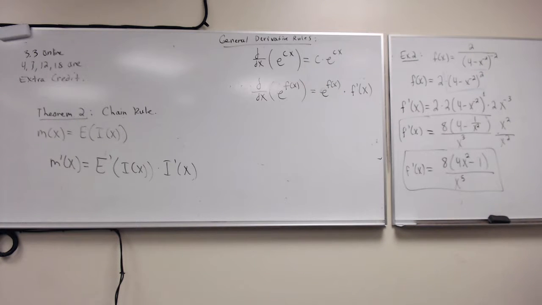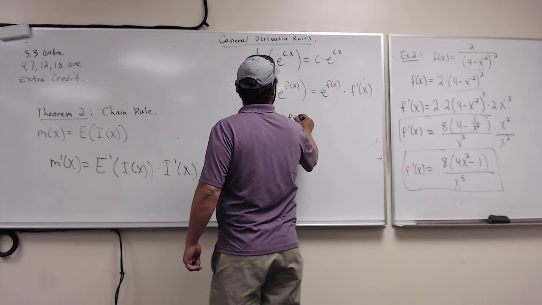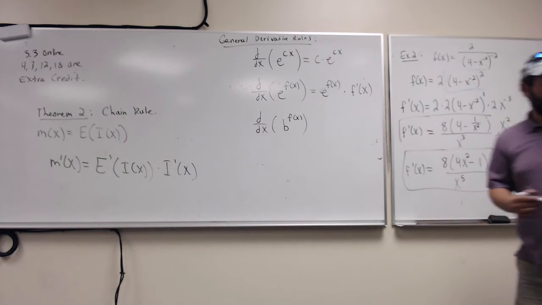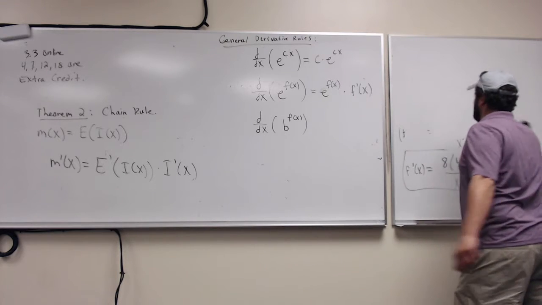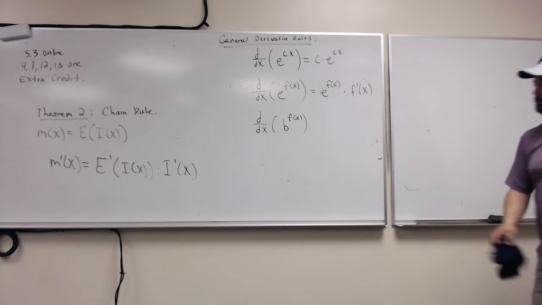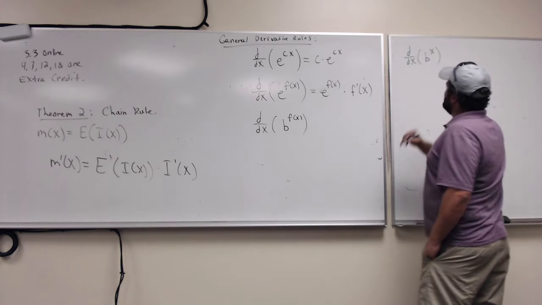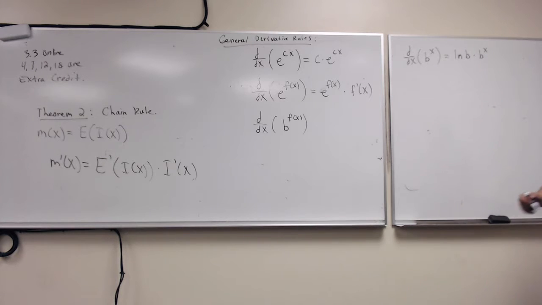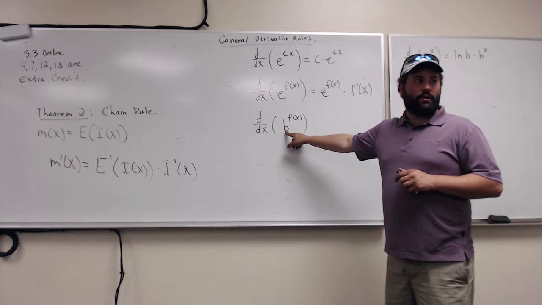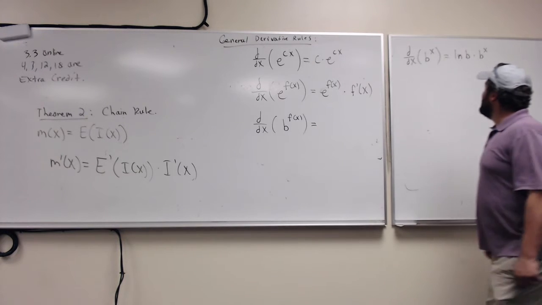Okay, what other ones do we have? I think we also have general bases. So if it's not just b to the x anymore, I'm going to write down the original rule, and see if anybody can guess this too. If I just had the derivative of b to the x, we know that's natural log of the base times b to the x. Okay. So again, b to the x is the outside function. The inside function is the power. So anybody have a guess?